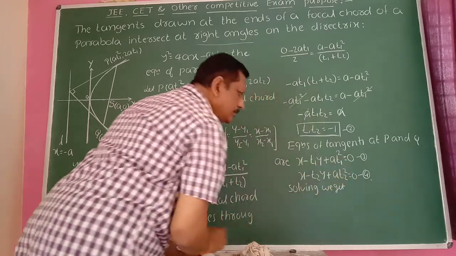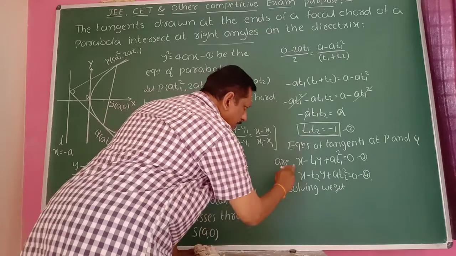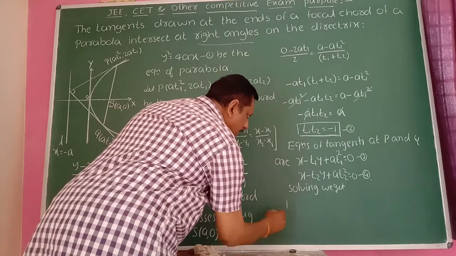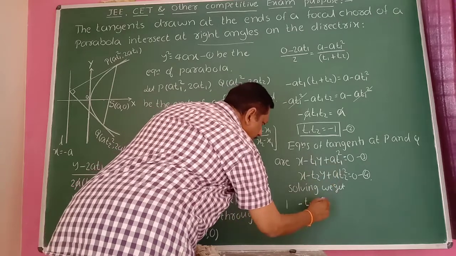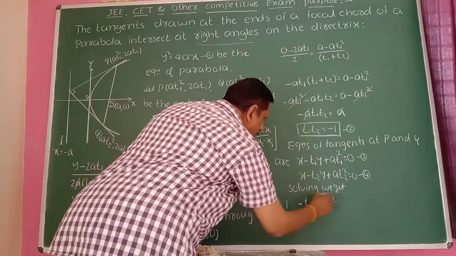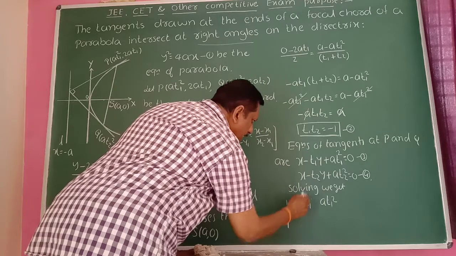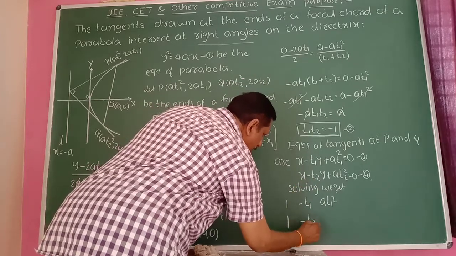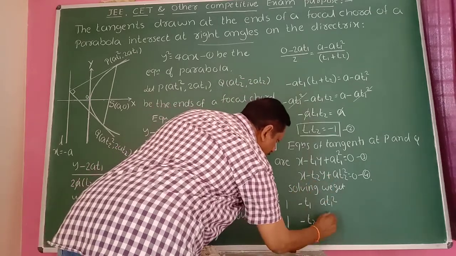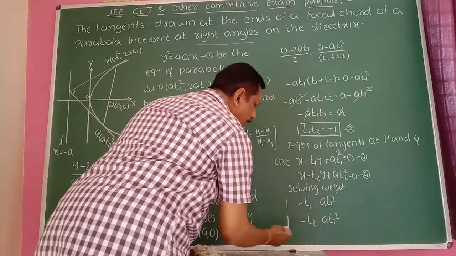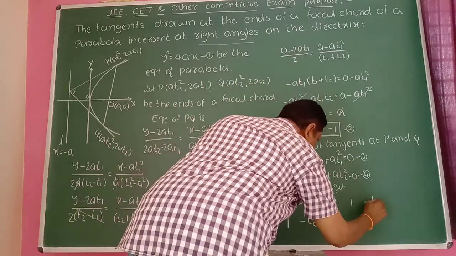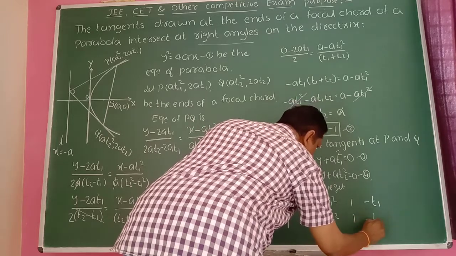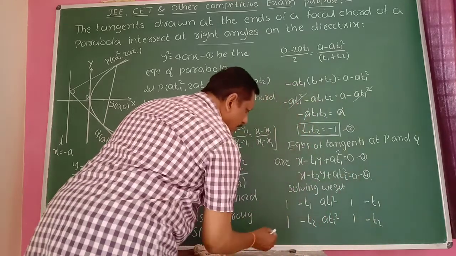We solve using the cross multiplication method. Here the x coefficient is 1, the y coefficient is minus t1, and the constant is at1². Again the x coefficient is 1, the y coefficient is minus t2, and the constant is at2². Repeating these numbers once again: 1, minus t1, and 1, minus t2.